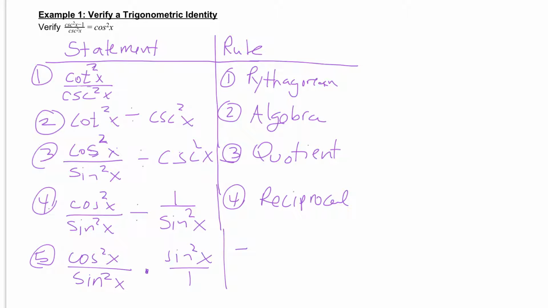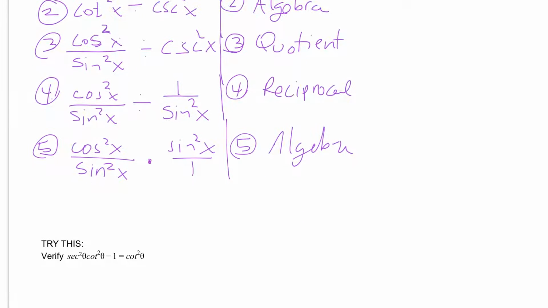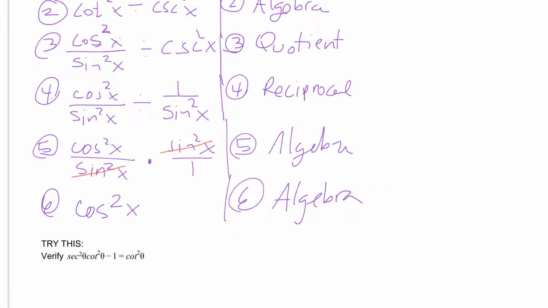And that was just an algebra skill, just a matter of simplifying. And then my next step, I can do another algebra skill, which if I take a look at the other ones, I have a sine squared here and a sine squared here that can cancel out. And all I'm left with is cosine squared x. So my last rule would again just be algebra simplification.